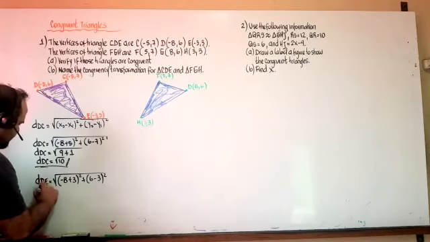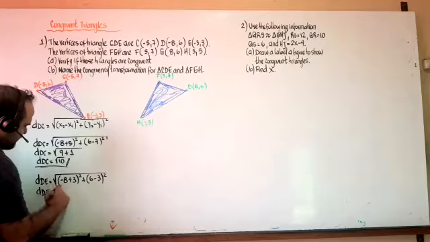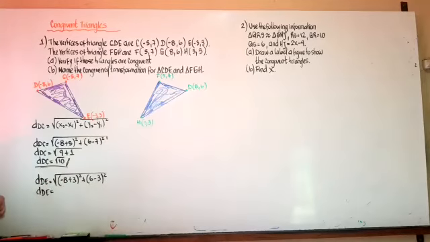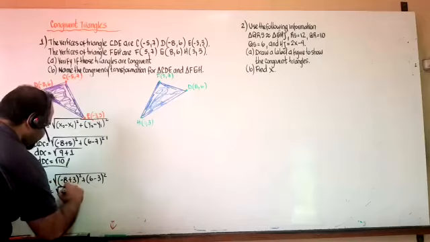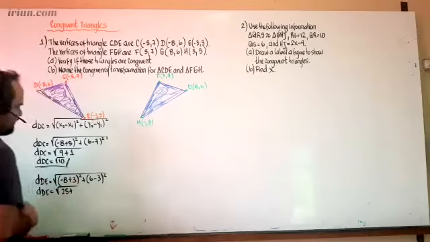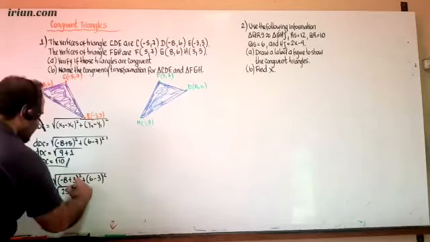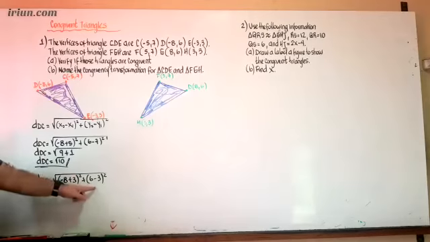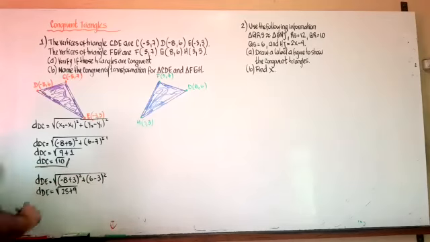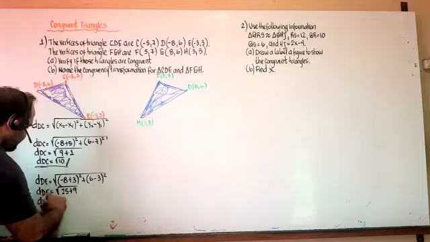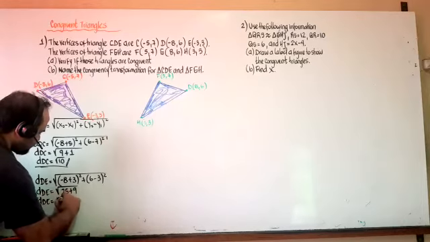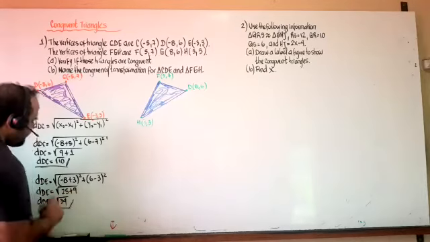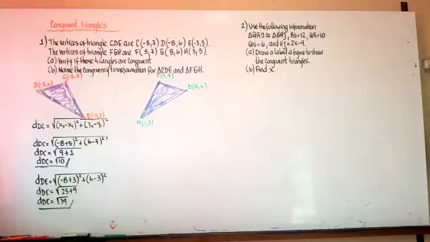For that reason, distance DE will be -8 plus 3 is -5. Second power will be 25, plus 6 minus 3 is 3. Second power, 9. And distance DE will be given by the square root of 34.